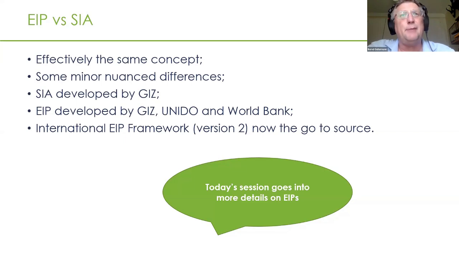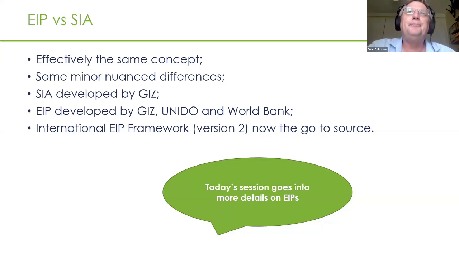Let me show you really what the two are in comparison to each other and how they link. Effectively, they are exactly the same concept. Sustainable industrial areas, like I say, are really the predecessor to what we call eco-industrial parks. The eco-industrial park concept was developed by GIZ, UNIDO, and the World Bank, and an international framework was first published only in 2017. A second version was subsequently published in 2021, if I'm not mistaken.